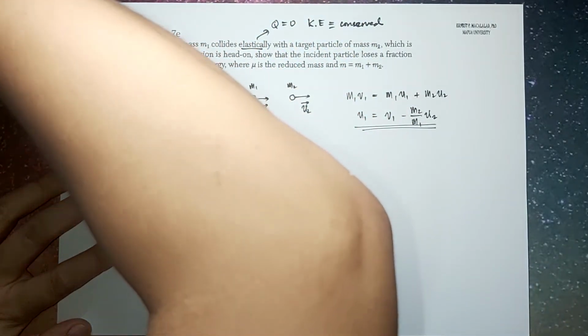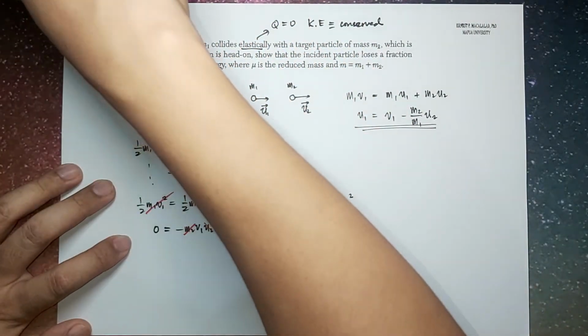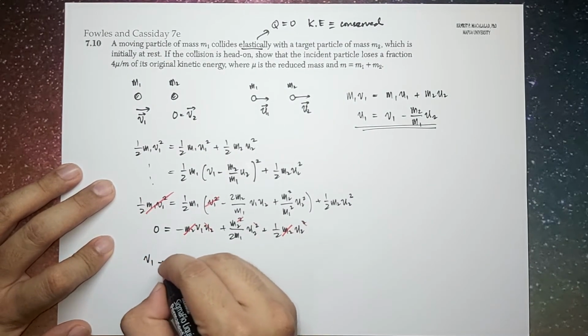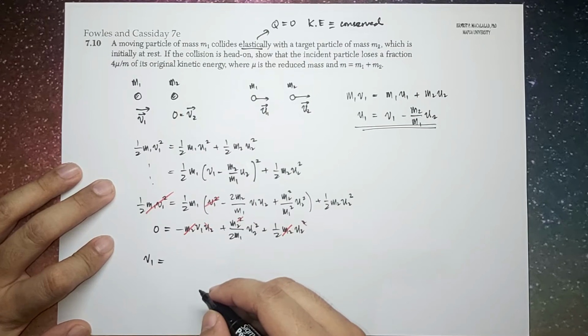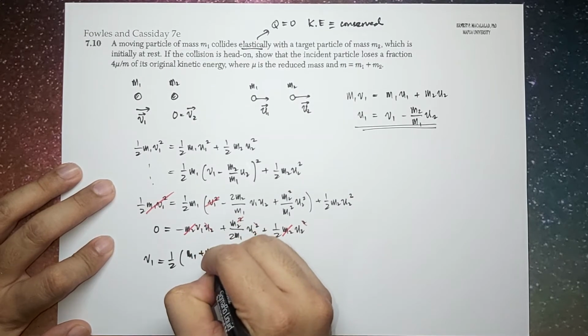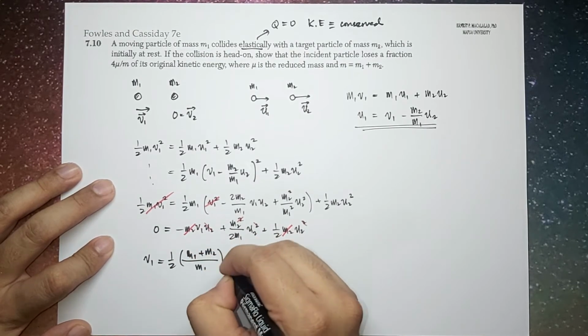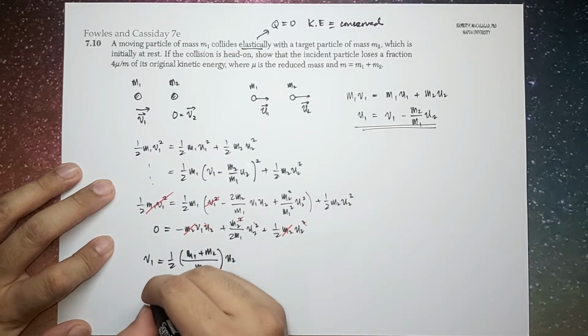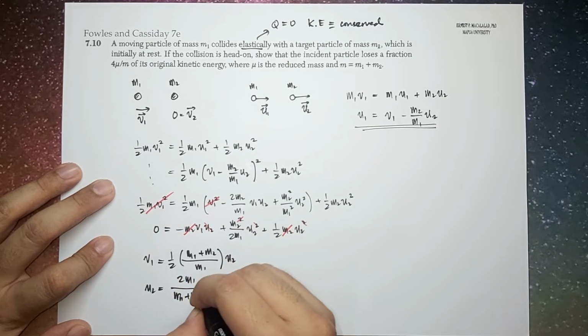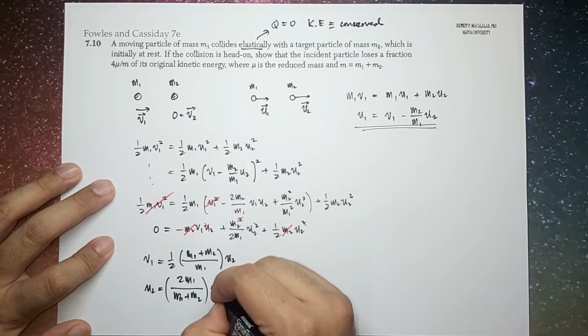Okay, so we can further simplify this, and then we end up with this expression: v1 would be equal to 1/2 (m1 plus m2) over m1 times u2, or u2 is equal to 2 m1 over m1 plus m2 times v1.